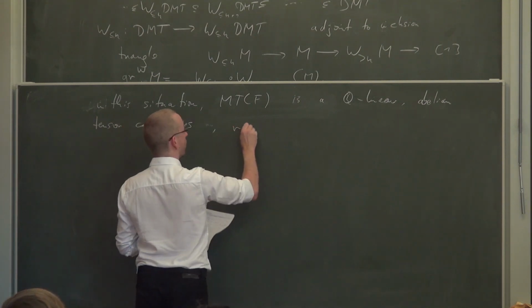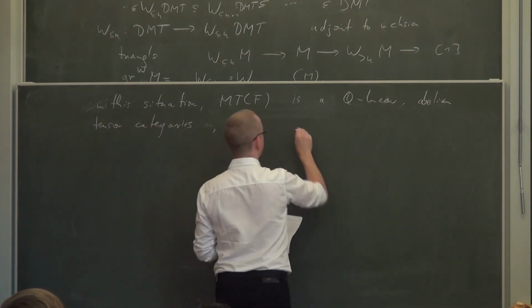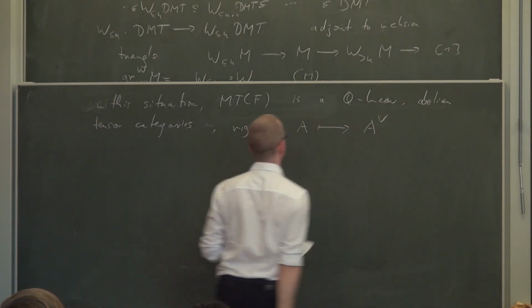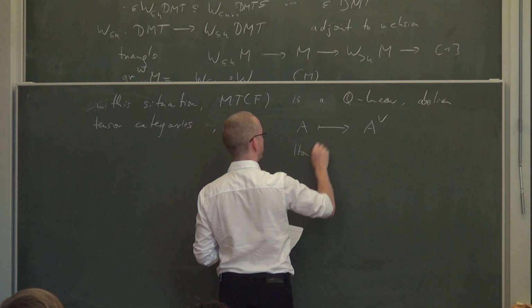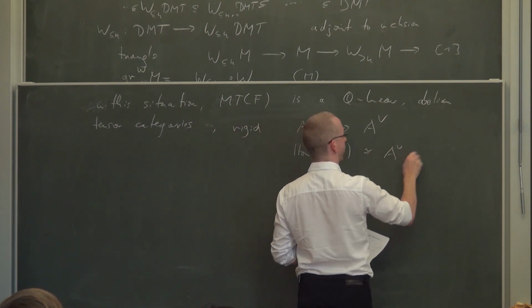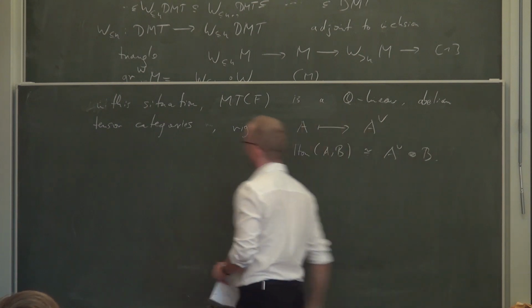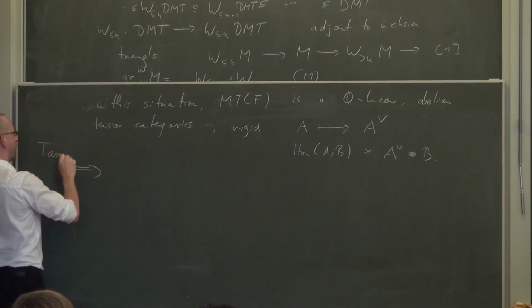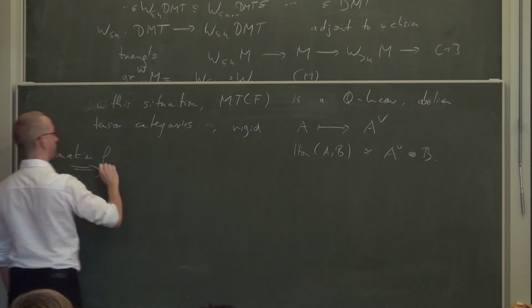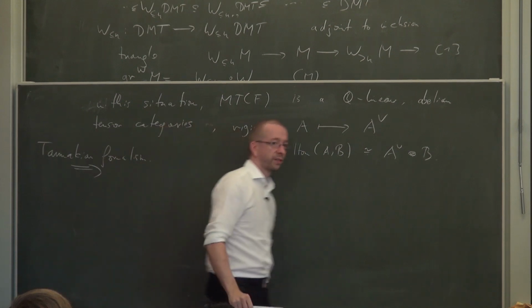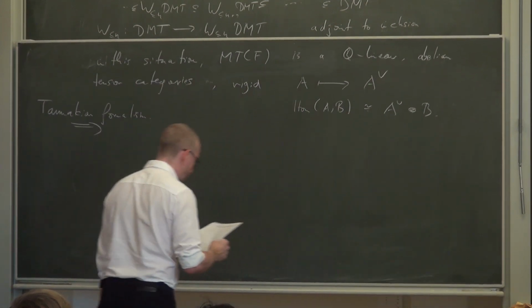And that's also rigid, so basically you have a duality such that internal Hom from A to B can be expressed as the dual of A tensor B. Right? So then you have this Tannakian formalism. And this means that we get a motivic Galois group.